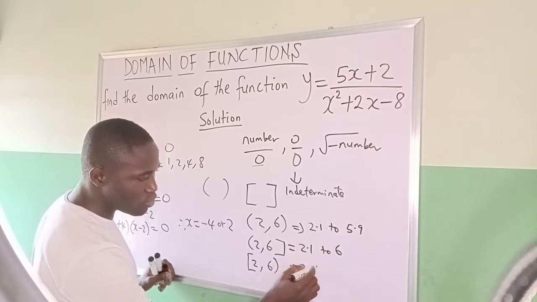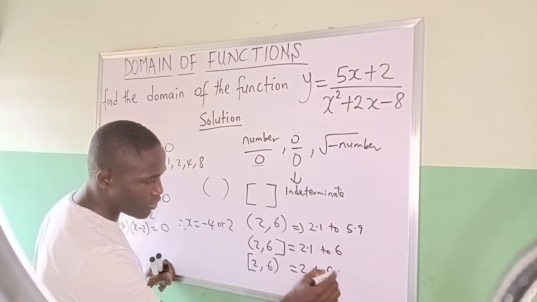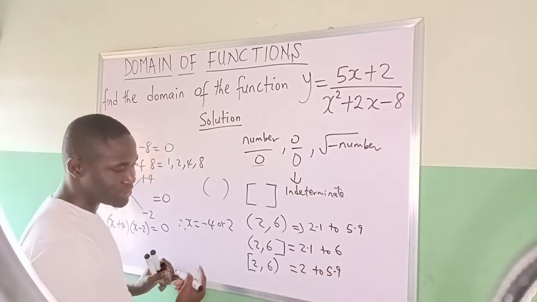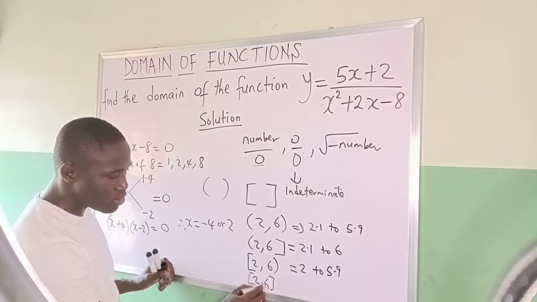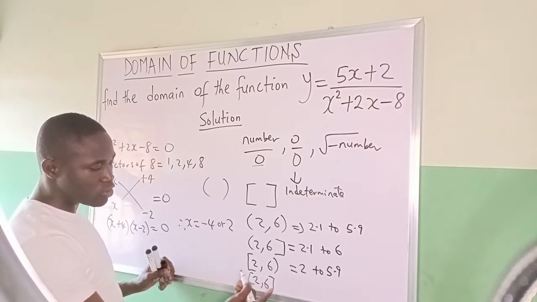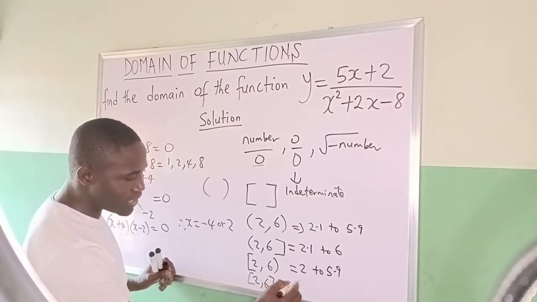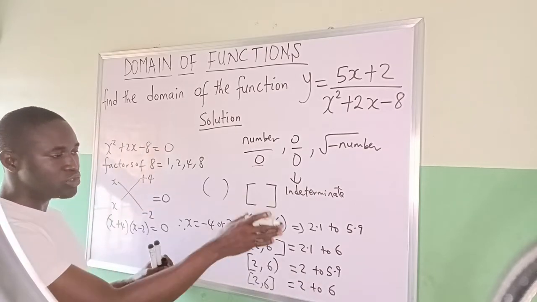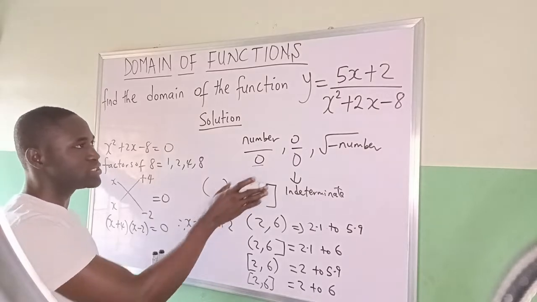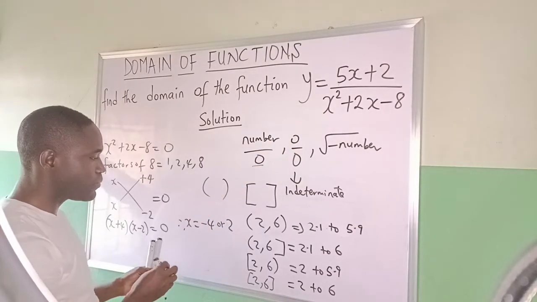So start from 2 and stop at what? 5.9. Don't enter 6. But when you have 2, 6, block, that is close bracket, that means start from 2 and stop at what? 6. Please note this as we want to use it to package our answer.